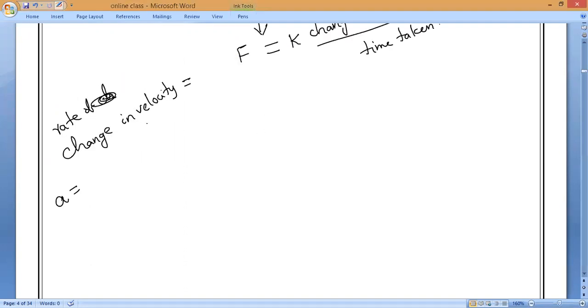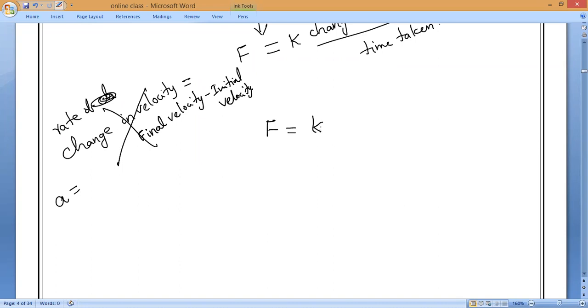Change in velocity means final velocity minus initial velocity. Do you remember? Yes or no, guys?